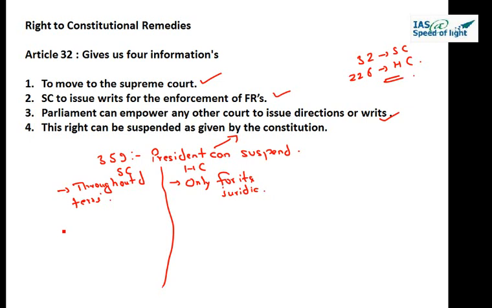The second difference is that the Supreme Court can issue these writs only for the enforcement of fundamental rights, while a High Court can issue these writs for fundamental rights and also for other objectives.